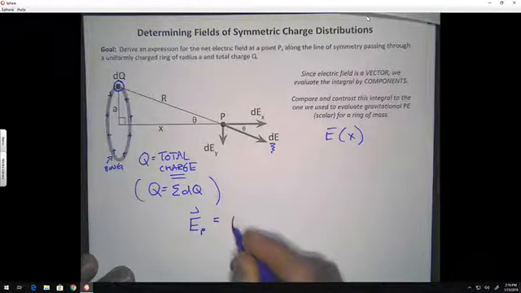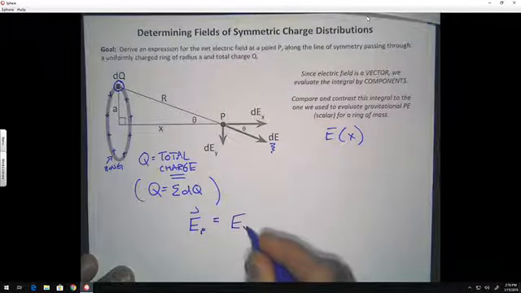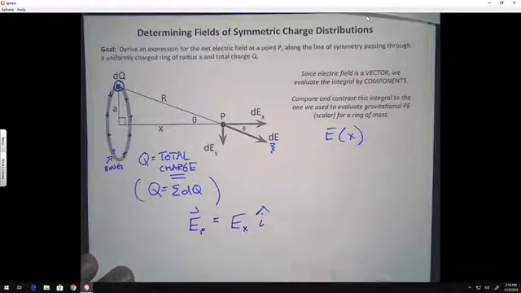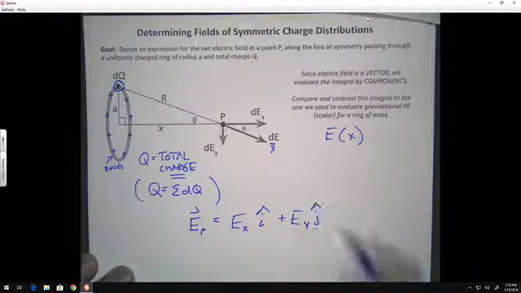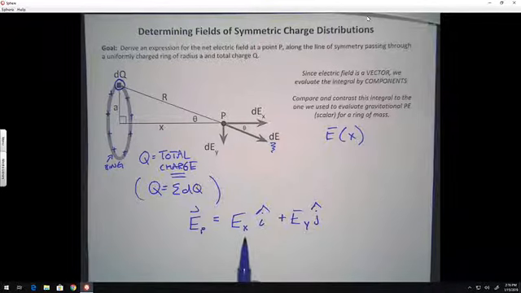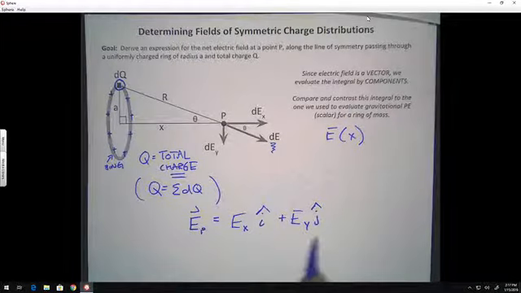And that electric field is going to be expressed in unit vector notation like so. There's going to be an X component to that field, and we might have a Y component. So we're going to write this with the i hat and the j hat unit vectors.